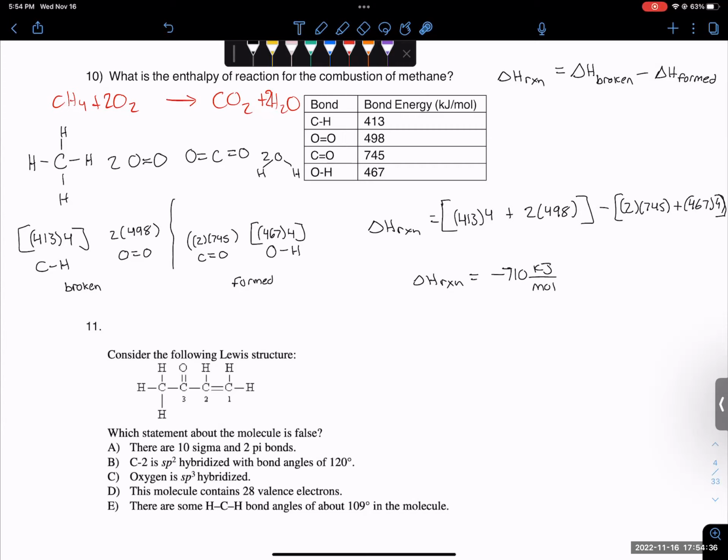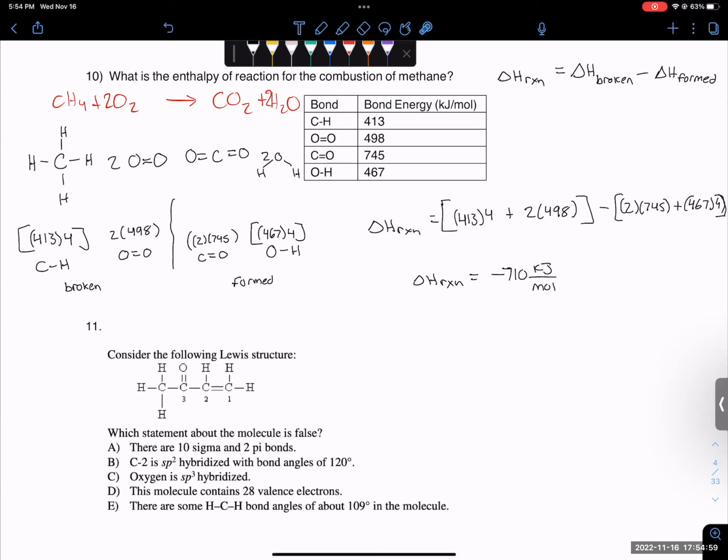Whenever we break a bond, it's the same energy as it takes to form it? Yes.